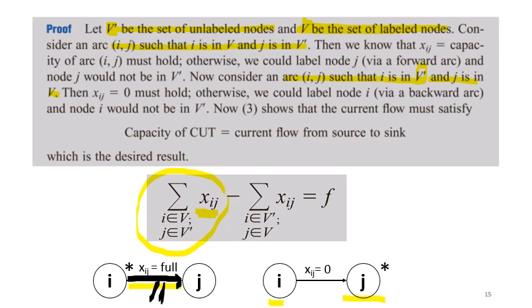Well, because if you want to label I, it means that this arc should have the possibility to be reduced, right? Such that you can go backward. But in this case, you cannot do that. Why can't you do that? Well, the only reason is because the Xij here is already 0. So you cannot reduce this arc any further.